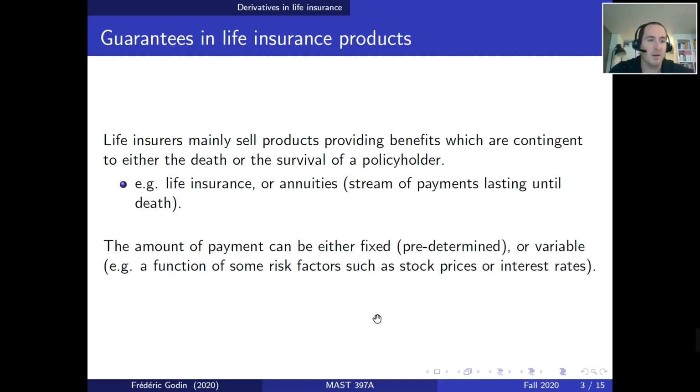So in some products, if stock prices go up, then you'll have a higher benefit than if they don't. So there are many different forms of life insurance and annuities which have different forms of benefits. The purpose of the current chapter is not to discuss them in depth, but just to let you know in general that this is a core business of life insurers.